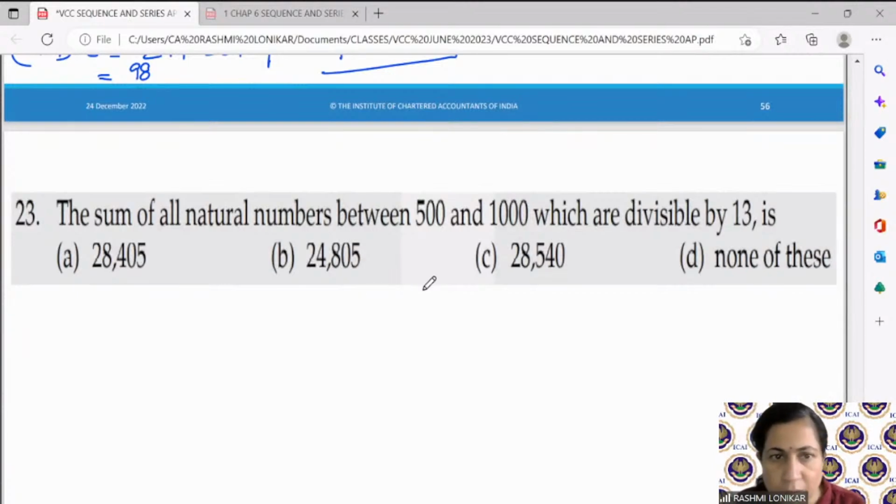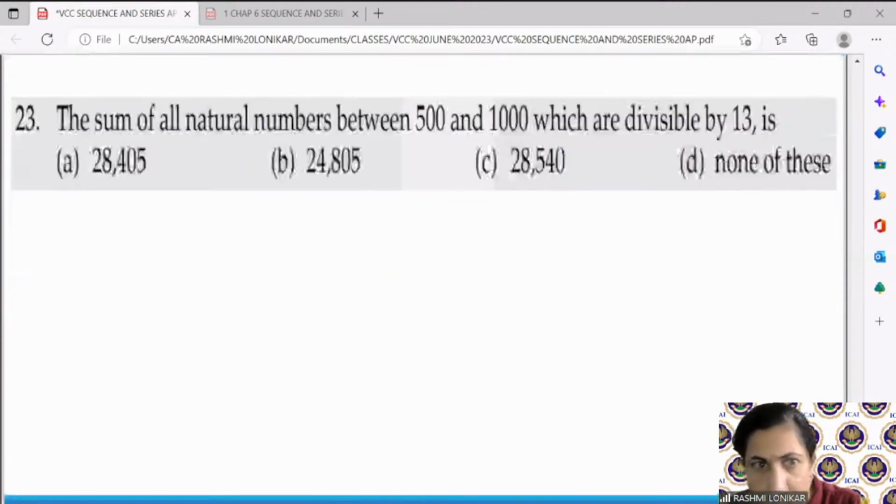23rd. Now I'm especially taking this one so that you can also get this. Now sum of all natural numbers between 500 and 1000 which are divisible by 13.